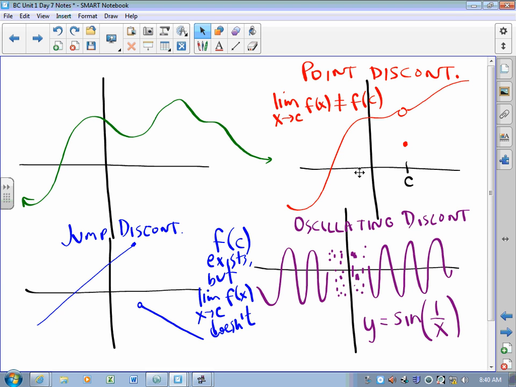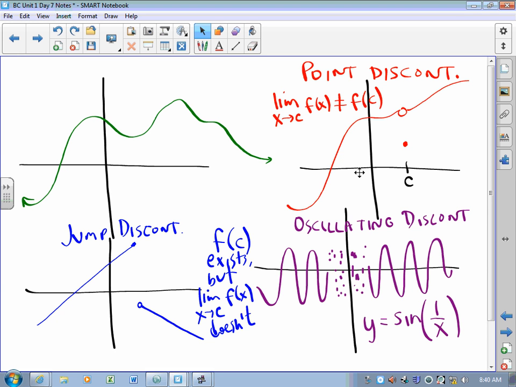But look at smaller and smaller and smaller intervals around x equals 0. Look at -1 to 1, then -0.1 to 0.1, then -0.01 to 0.01. And what you will see is that this function oscillates so wildly as x gets closer and closer to 0 that the limit as x approaches 0 does not exist, not even close.